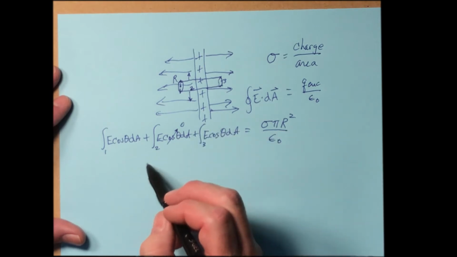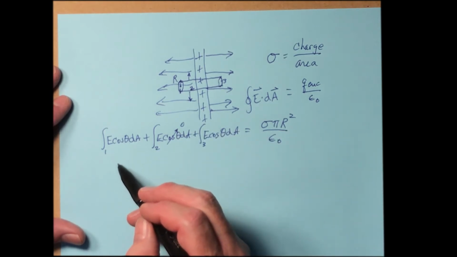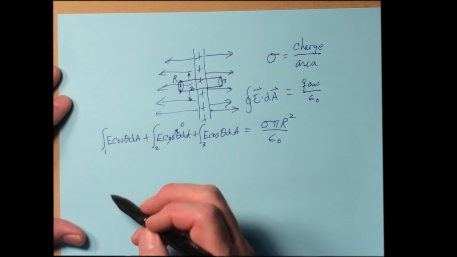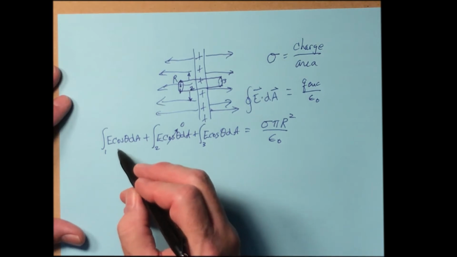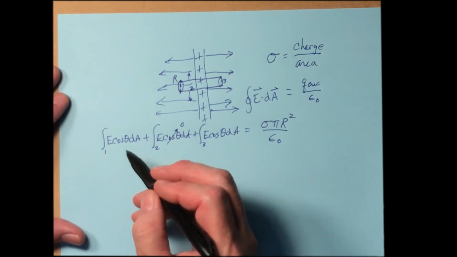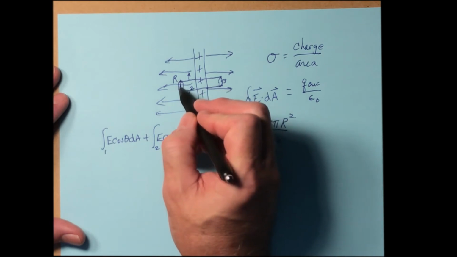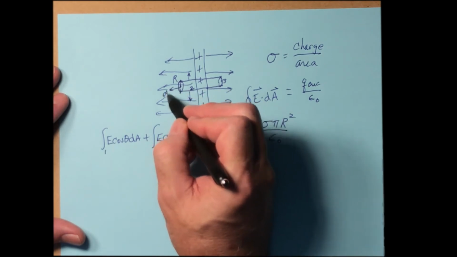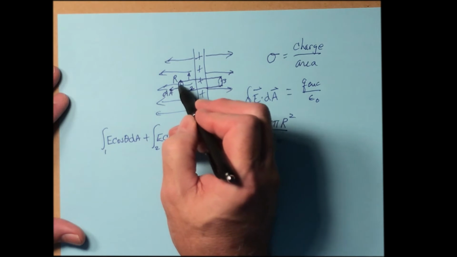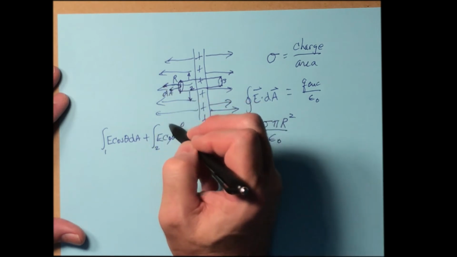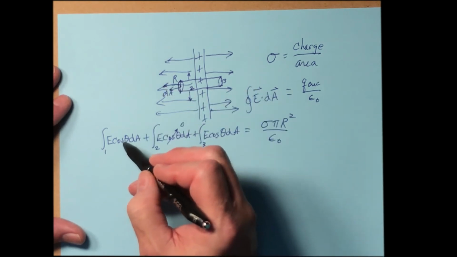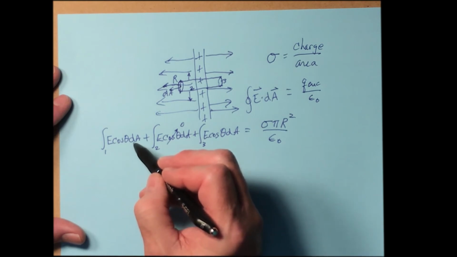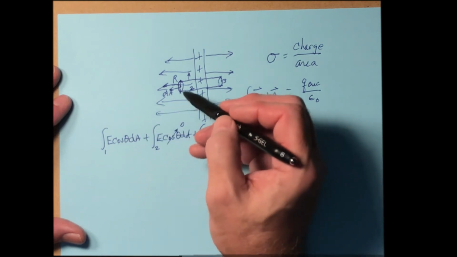All right, what about with this area down here? Let's do 1 right now. Well, this is E cosine theta dA. For area 1, the dA vectors always point out like that. The E vectors also point in the same direction. So the angle between the E and the dA is going to be 0, and that's true at every point.